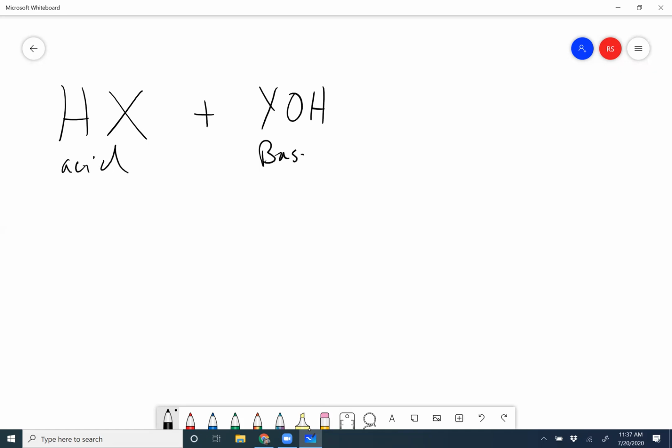So that's the skeleton. You have your acid, so H and some sort of acid, and you have your base, Y and hydroxide. Here is our acid, here is our base, and the reason why it is called a neutralization is because it produces neutral salt, which in this case will be XY, and it produces water.